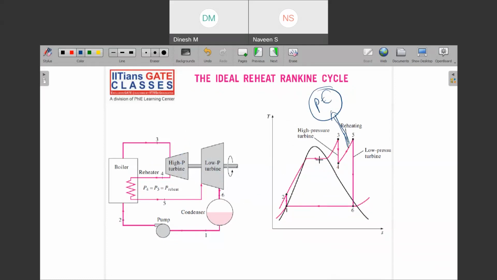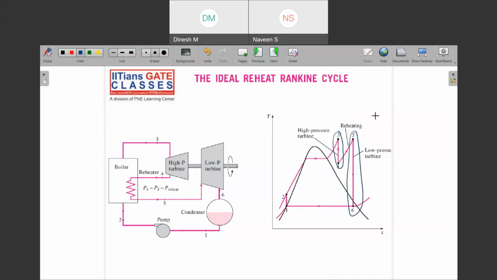Okay, got the idea? So what happens in the reheat? What do you think about the efficiency? It depends upon the magnitudes. Again, it depends upon the magnitudes, like what your temperature is.